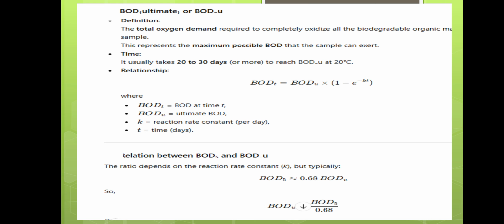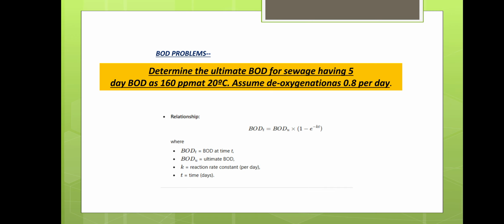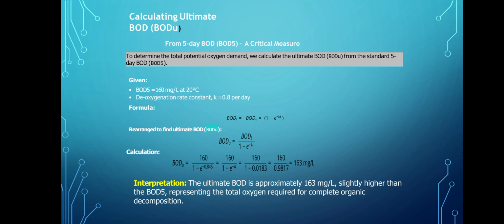Okay. Now coming to a mathematical problem. Here the problem is: determine the ultimate BOD for sewage having 5-day BOD of 160 ppm at 20 degrees centigrade. Assume deoxygenation factor 0.8 per day. So here we will use the simple formula BODT equal to BODU into 1 minus e to the power minus kt. What are the parameters given here?